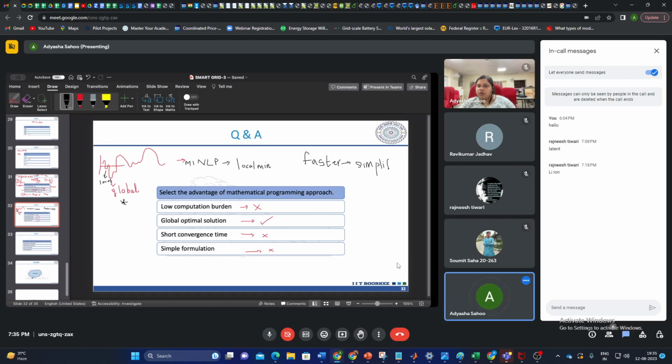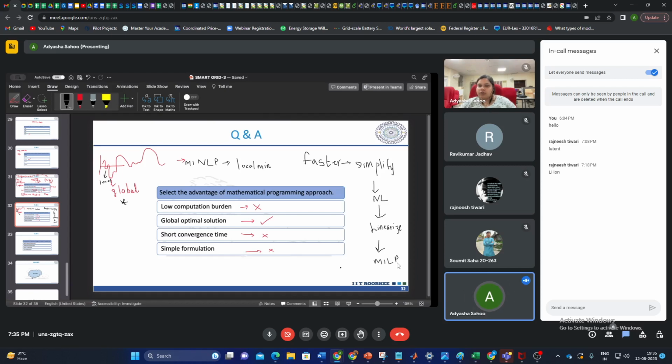How do we simplify the nonlinear terms? We make them linear. So we linearize the problem so that we get a MILP, and this MILP can be solved by commercially available solvers.